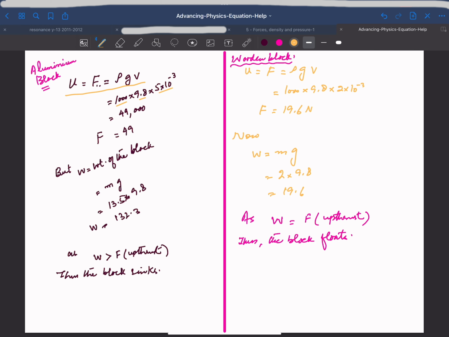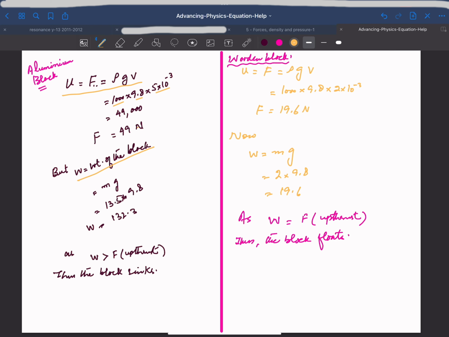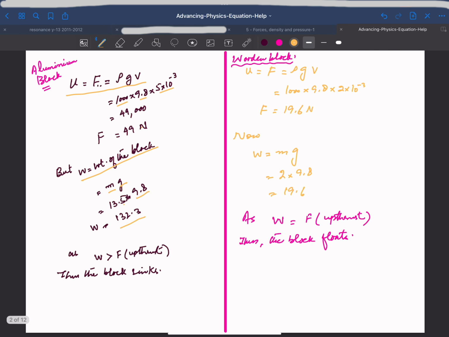So what is the situation here? You are getting 49 Newton force, which is the upthrust. When you calculate the weight of the block, this is very simple. The weight of the block is nothing but mg, as you have mass 13.5 and 9.8. When you multiply these two figures, you get 132.3 Newton.